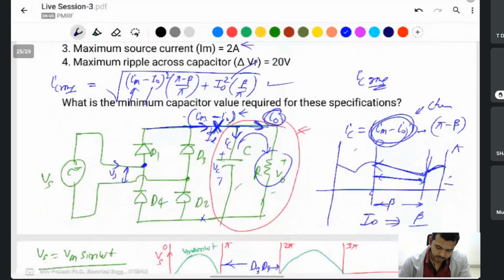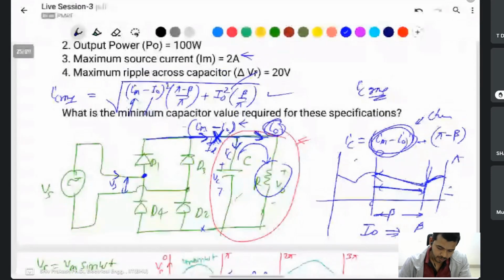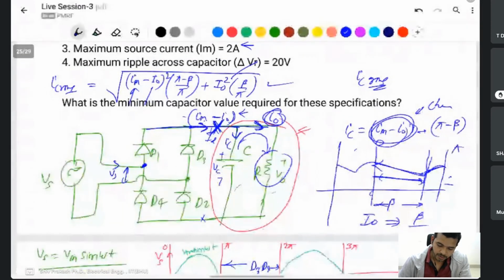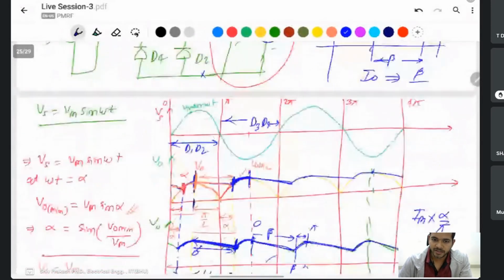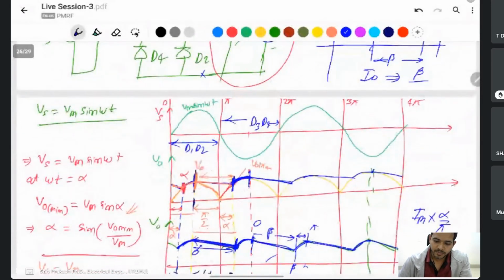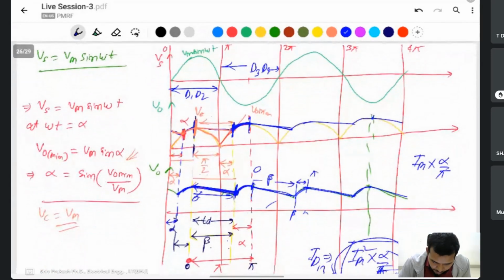This will correspond to the sinusoidal wave, no? If you take it as sinusoidal, then you calculate all the things like that. Then Im by root 2 you can also take. Sir, here Im will be the peak current flowing through the diode, no? At the time of alpha, after alpha.